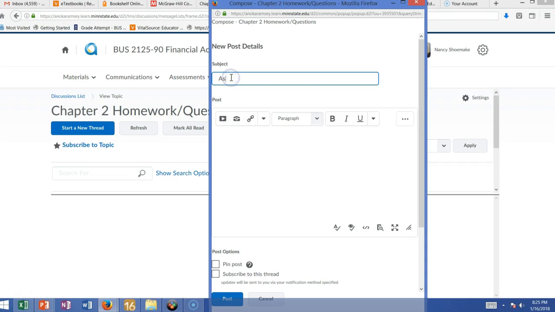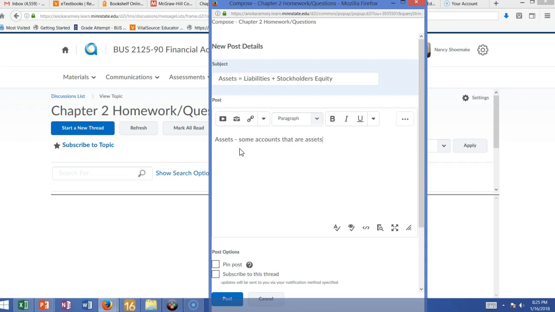Assets equal liabilities plus stockholders' equity. So assets: some accounts that are assets are cash, accounts receivable, prepaids, prepaid insurance or prepaid rent.